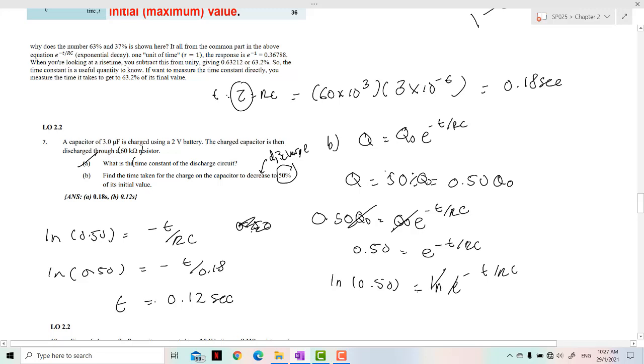It is the time taken for the charge to decrease to 50% of its initial value. For example, if our charge is 100, it takes 0.12 second for the charge to decrease to 50. So that's question 7, as an introduction to our subtopic 2.2.